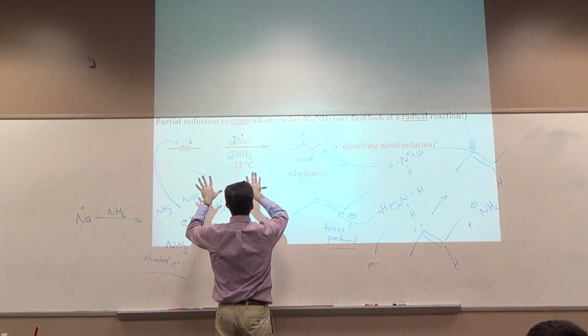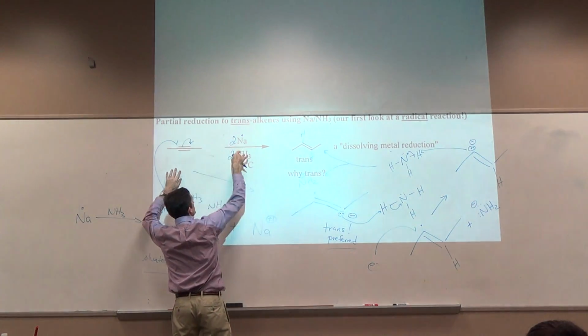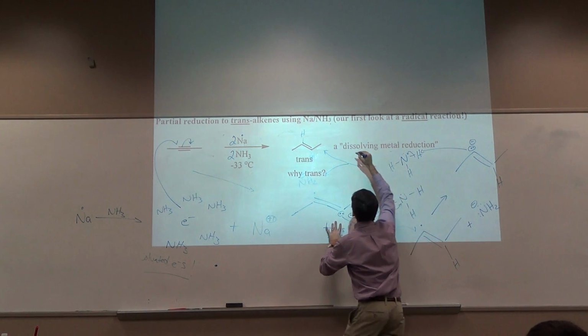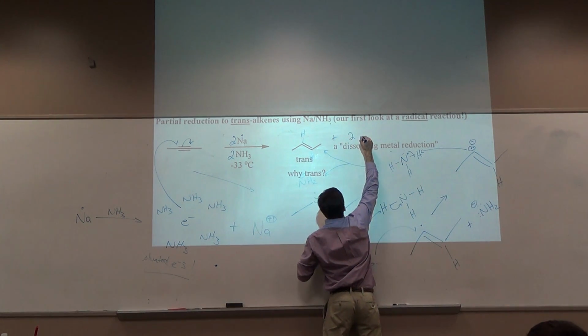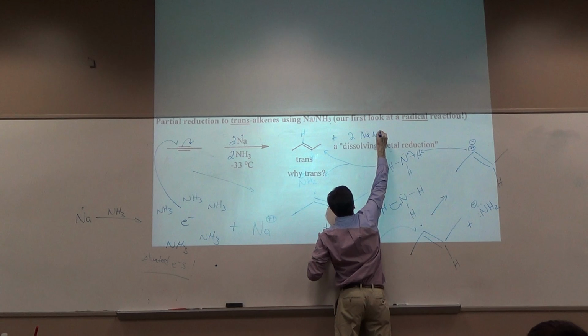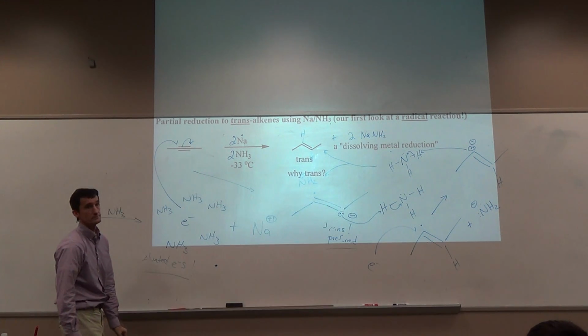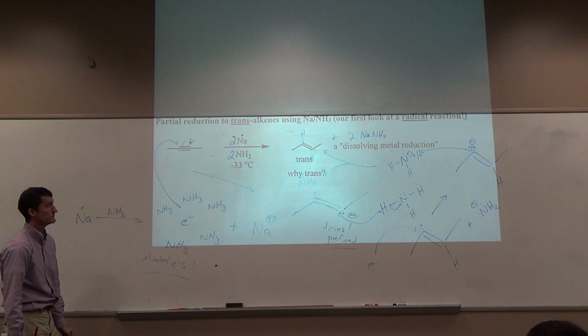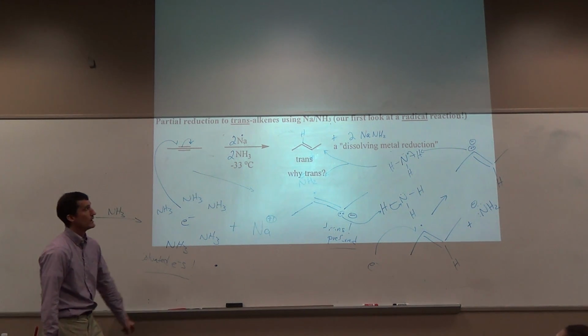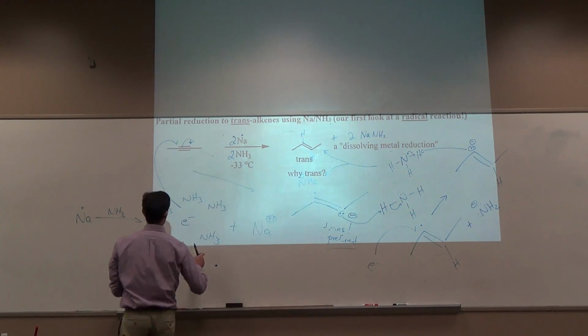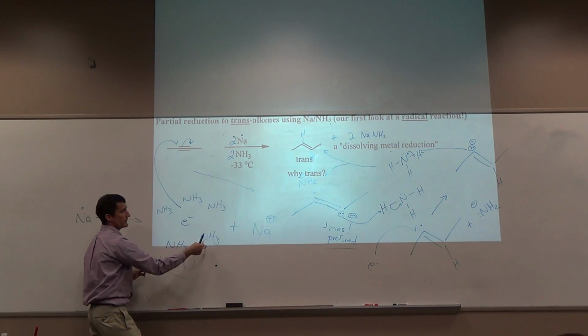So what are the byproducts? This reacts with 2 of these to give that plus what? Well, what do we form up there? 2 NaNH2s. This is ionic, right? This is 2 sodium ions. Sodium ion was formed when the first electron was given up.